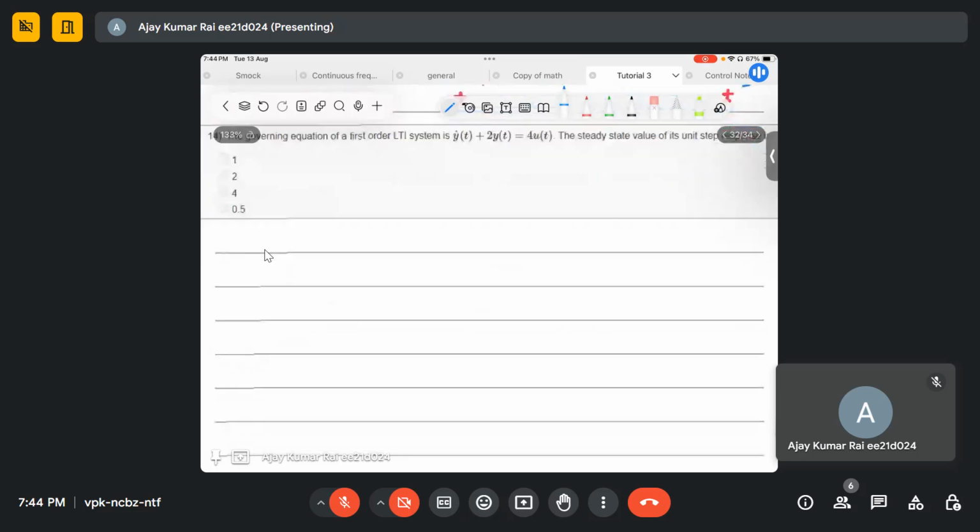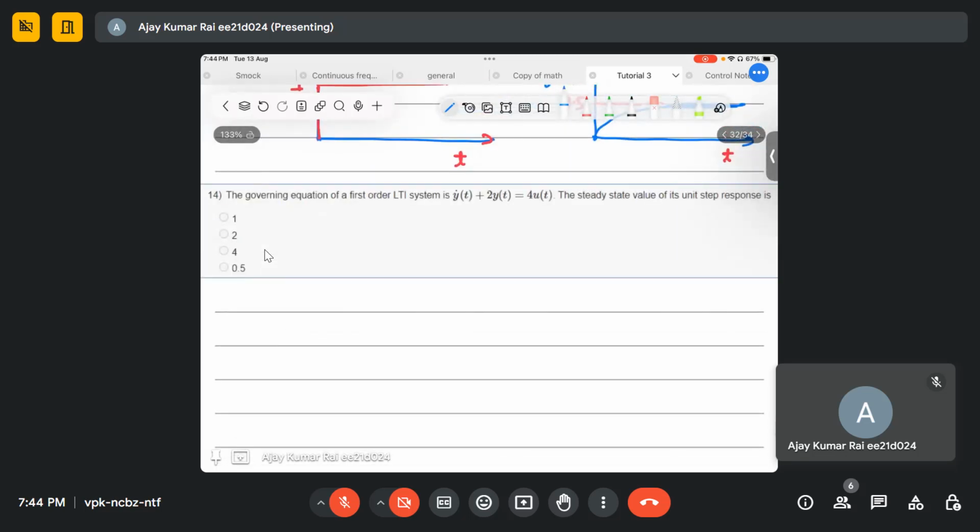Okay, let's go to the next question. The governing equation of a first order LTI system is given here. The steady state value of its unit step response. This is also very simple.